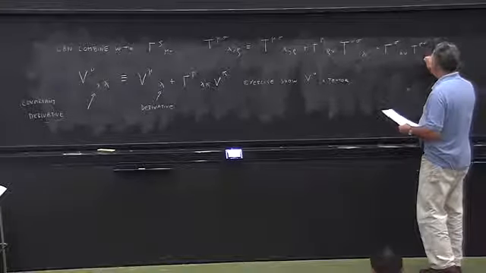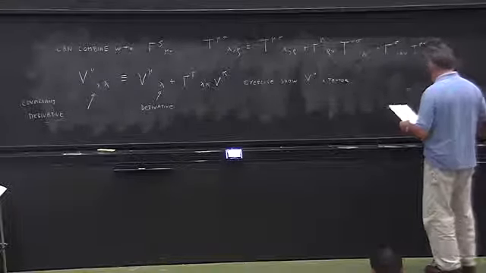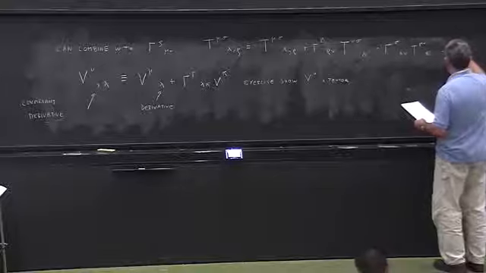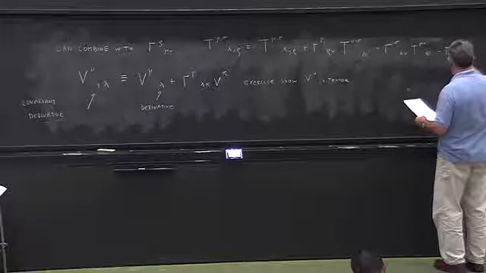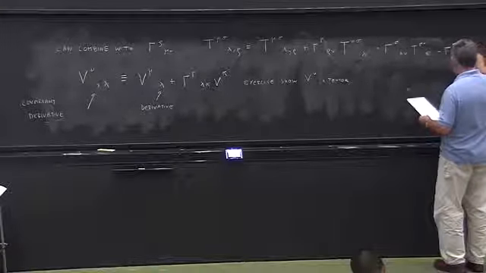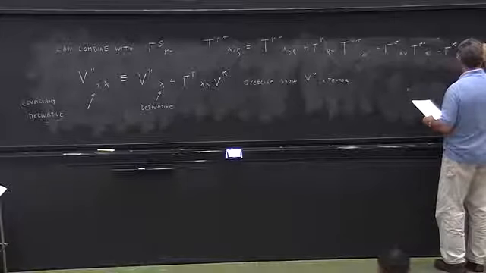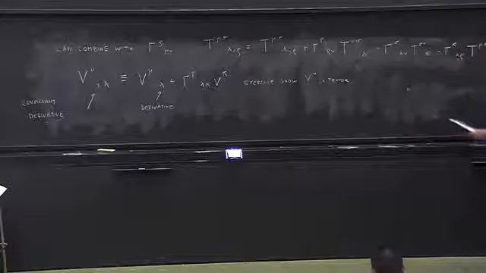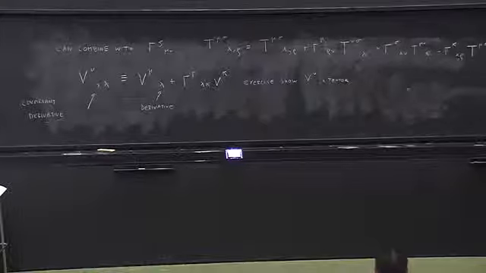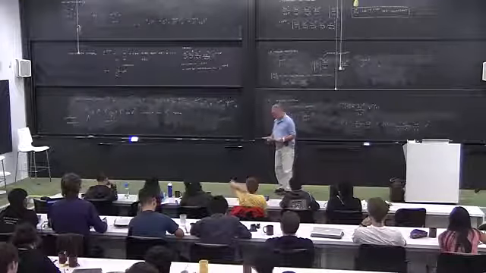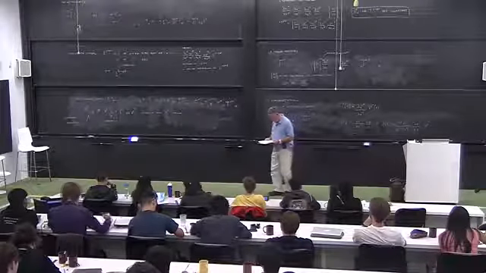It should be lambda, shouldn't it? Minus Γ^κ_λρ T^μσ_κ. So the rule is the ordinary derivative and then a gamma for each of the other indices.